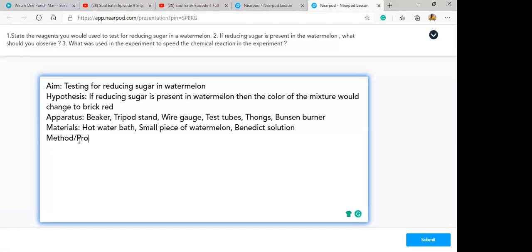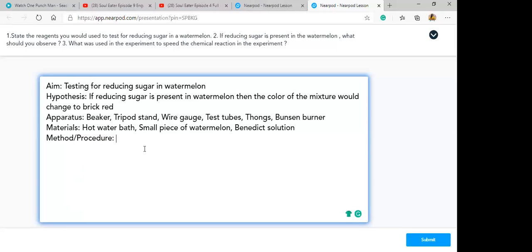This one is on you now. Okay, sir. This is the procedure.